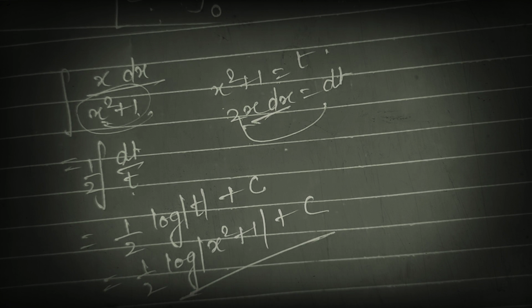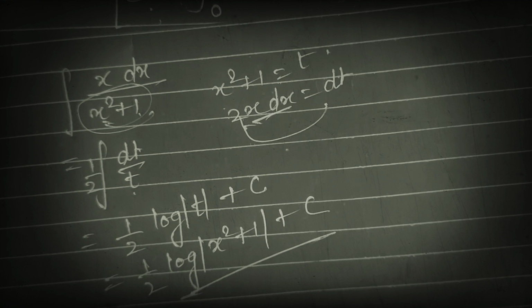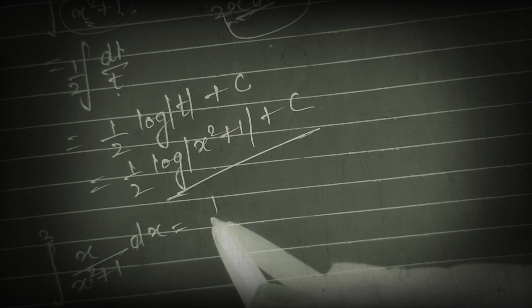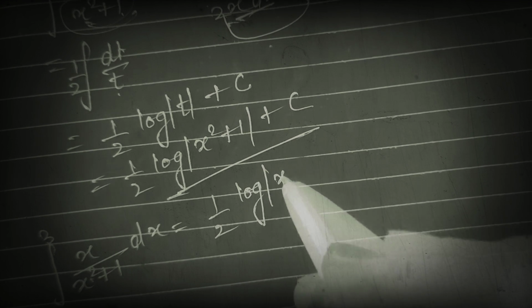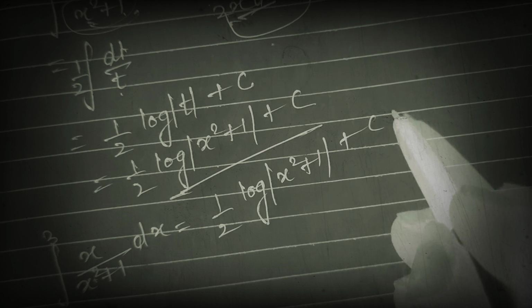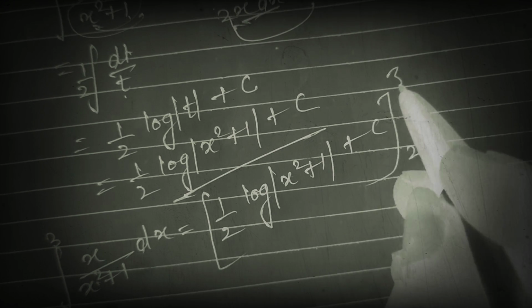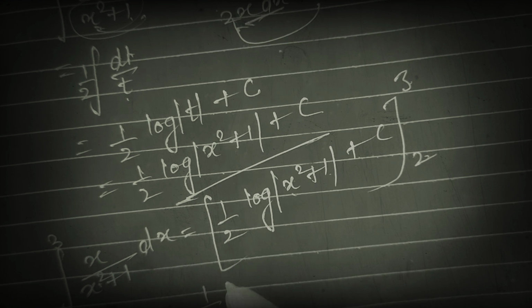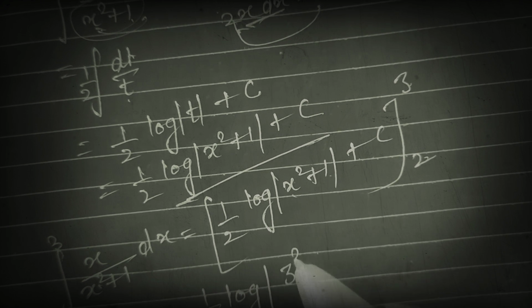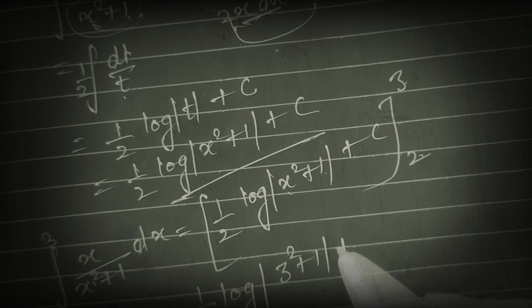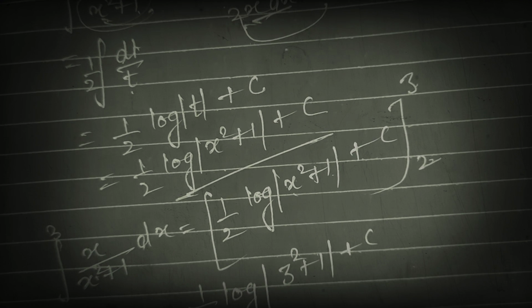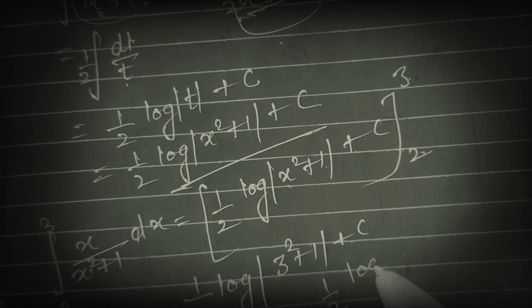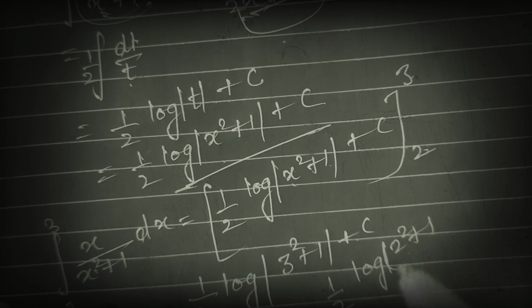So the limit is 2 to 3 of x upon x square plus 1 dx, and its integration value is half of log x square plus 1 plus c. And what is the limit? 2 to 3. Then we will put 3 at the place of x and then 2. So it will be half of log 3 square plus 1 plus c, minus half of log 2 square plus 1 plus c.